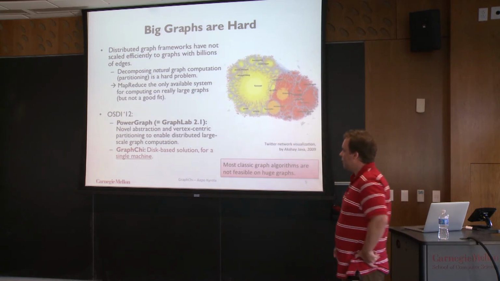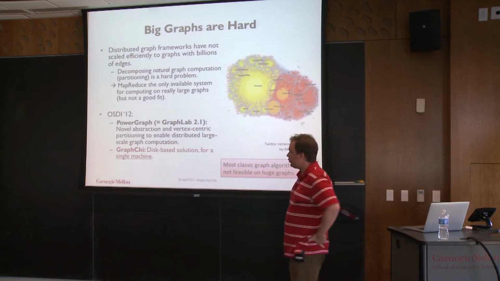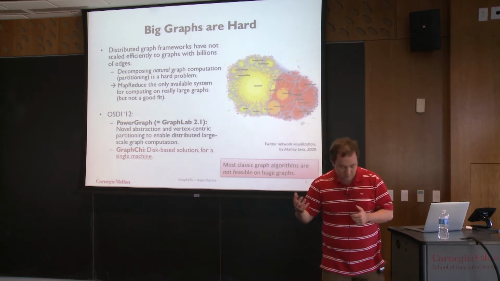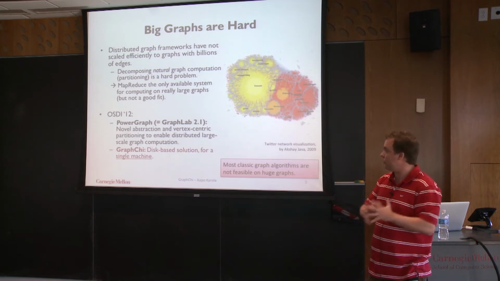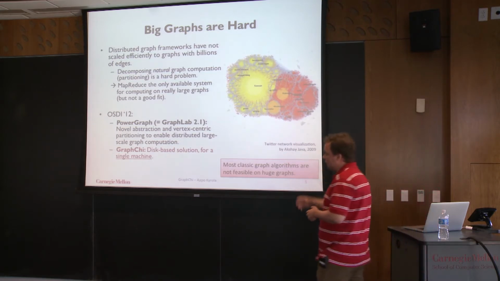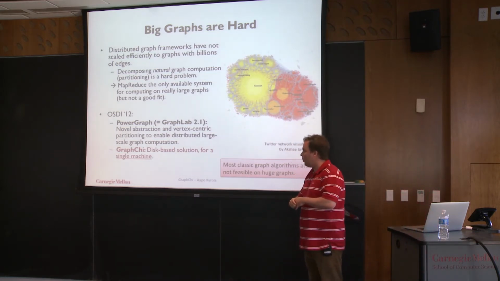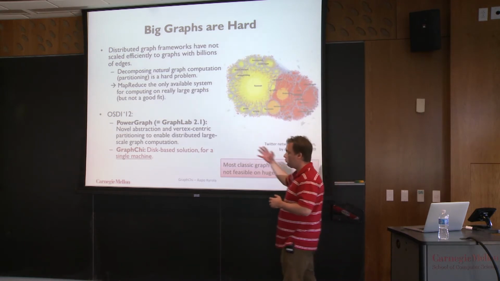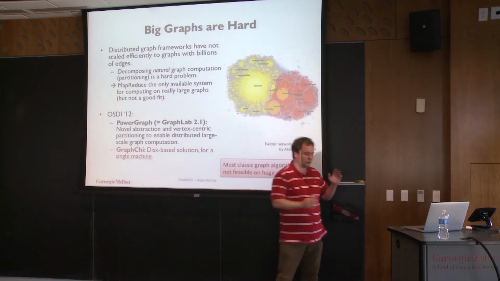First, we have the next version of GraphLab, which is called PowerGraph, where they show a new solution for distributing the graphs. And the second paper is my work, which presents a disk-based solution, how to actually solve these problems on just a single machine.